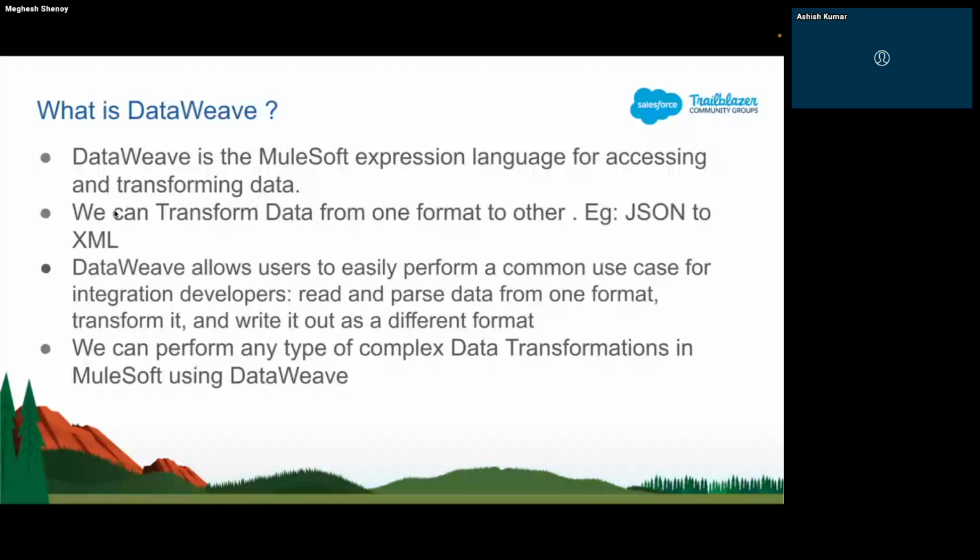Many people get confused with the term transformation. It's basically converting a data format, or making the data appropriate for that business solution, so we can transform the data into that.